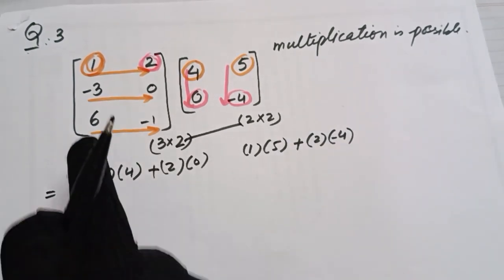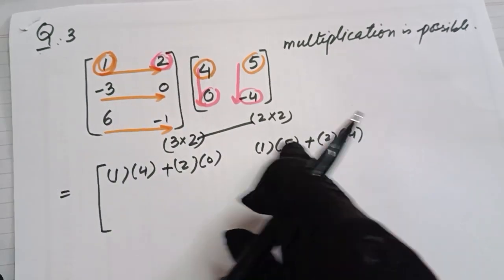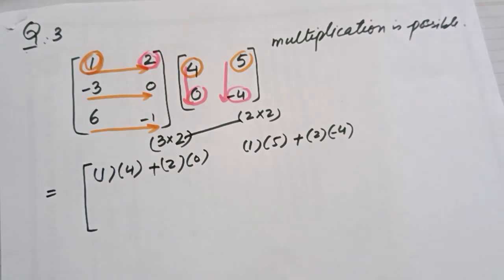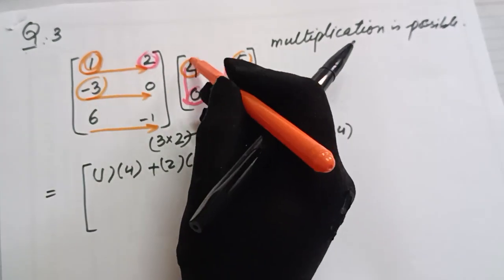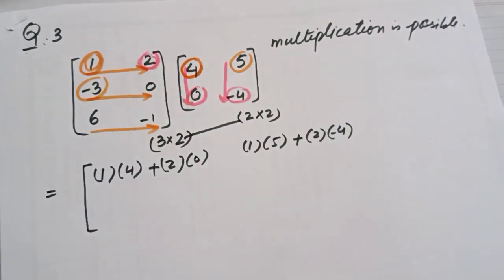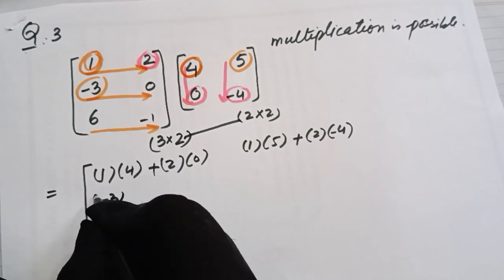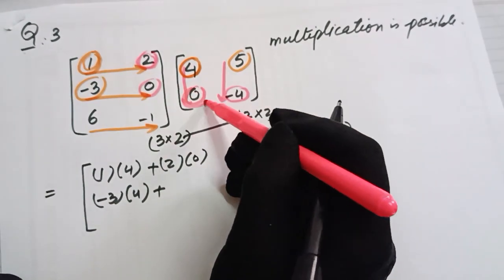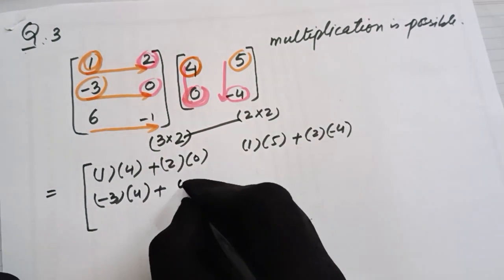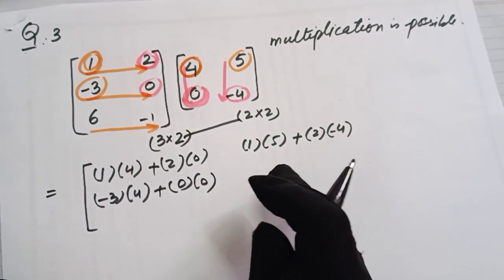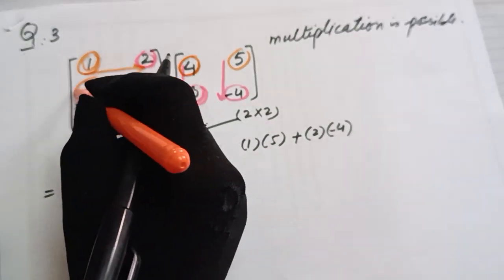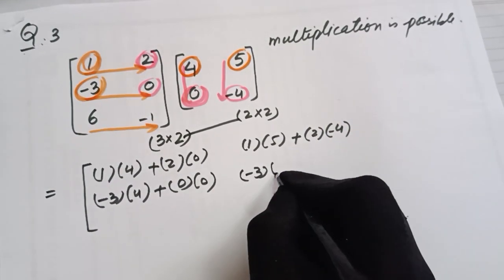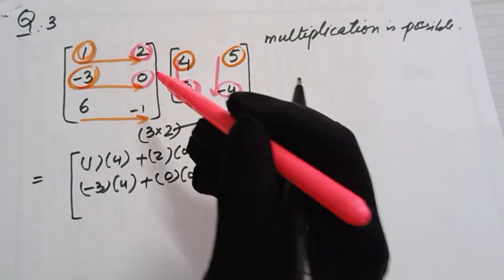Repeat our process: the first row I have done, and the second row and third row we have to repeat the same way. See, tail multiply tail, minus 3 times 4 plus head multiply head, 0 times 0. Next column, tail to tail plus head to head.